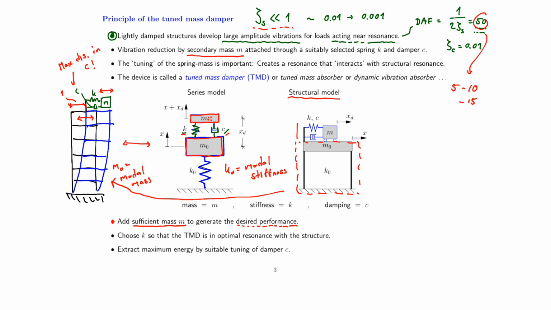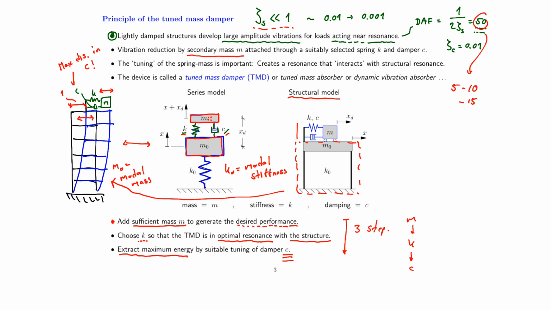Once you have chosen M, you will then have to choose the stiffness K of the TMD, so that the TMD is in optimal resonance with the structural mode you want to damp. And finally, we want to extract as much energy as possible by the viscous dashpot in the TMD. So it is a 3-step procedure with M, K, and at the end C.